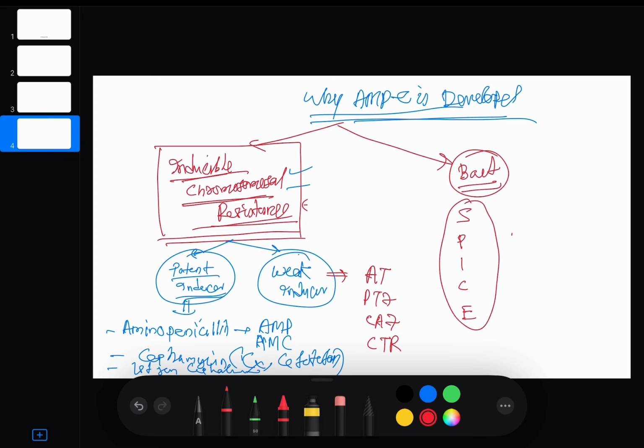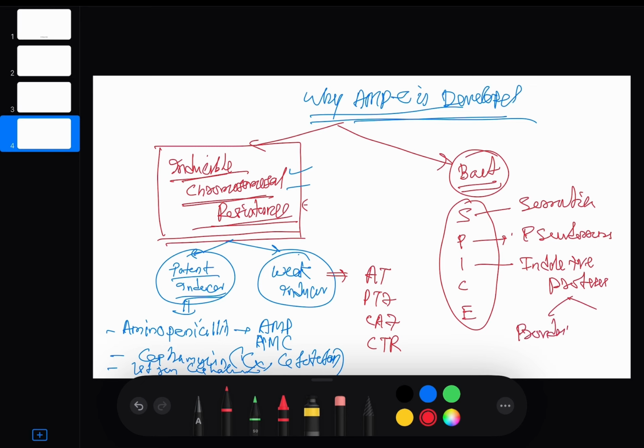What are the SPICE organisms? S stands for Serratia, P stands for Pseudomonas, I stands for indole positive Proteus, that is Providencia and Morganella.